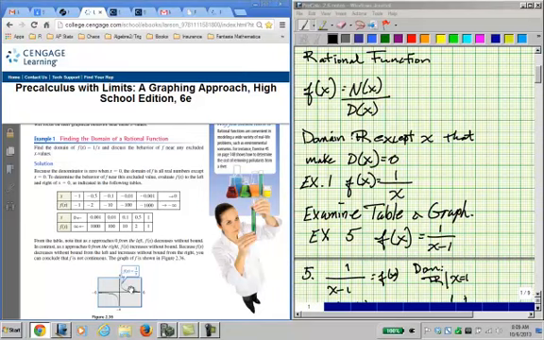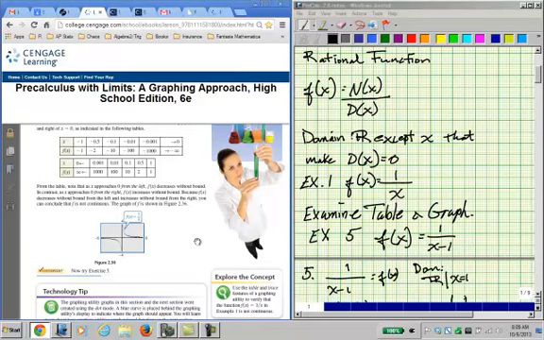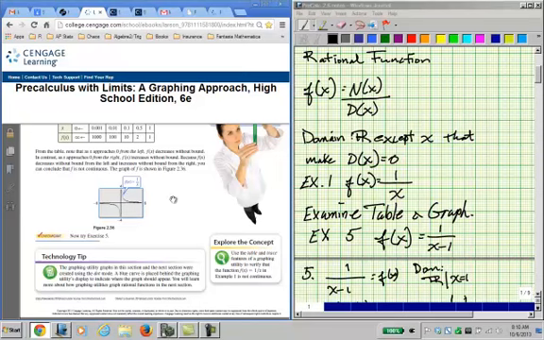Okay? So we got asymptotes there. Y will never reach positive infinity, and x will never reach 0. So we have a horizontal asymptote at y equals 0, right here.